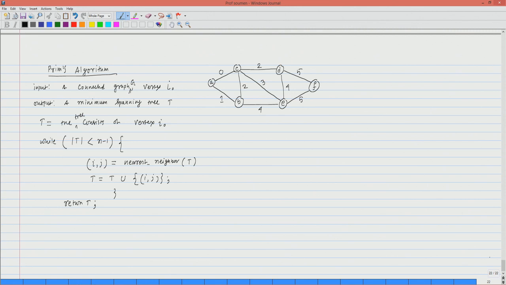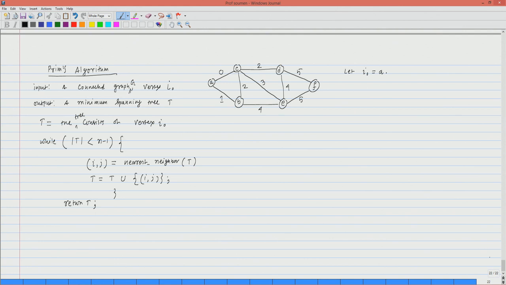Okay. So now I illustrate this algorithm using this example. The input to this algorithm is a weighted graph and the vertex i naught. Let i naught be equal to A, the vertex A.